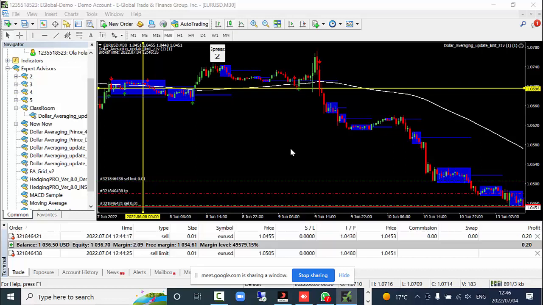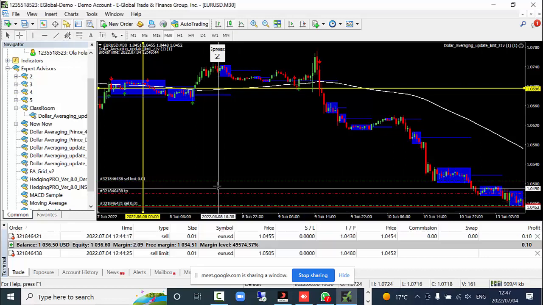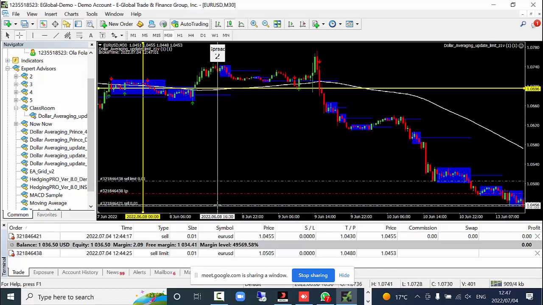So if you have a question, you can ask me. If you know market structure and you do it the way it's supposed to be done, you shouldn't see nothing but profit. And from where we enter now, with the calculation we did, before this thing can take us to loss, we enter here and we are thinking of 100 pips away.